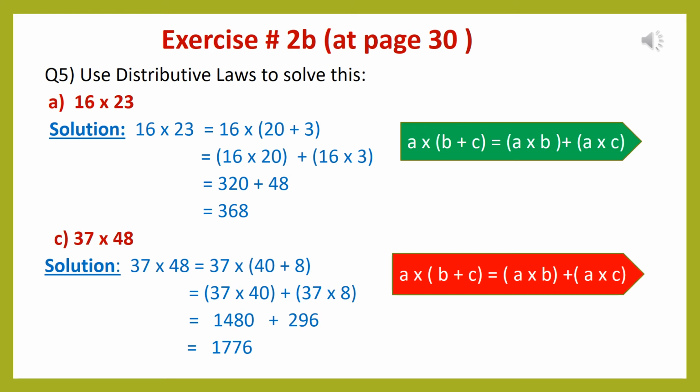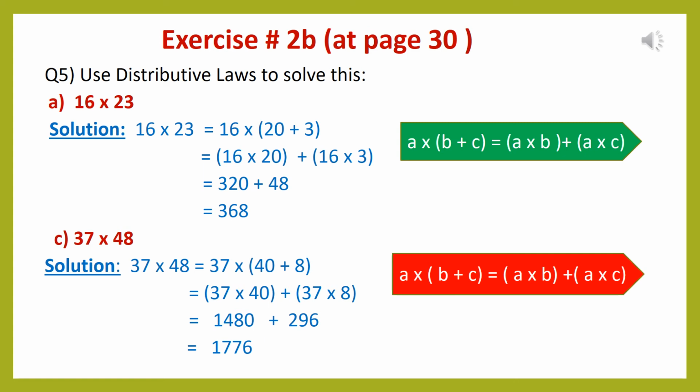In this law, first we will distribute 16 with 20, and then we will distribute 16 with 3. That means 16 times 20 and 16 times 3, which is equal to 320 plus 48, and then it is equal to 368.